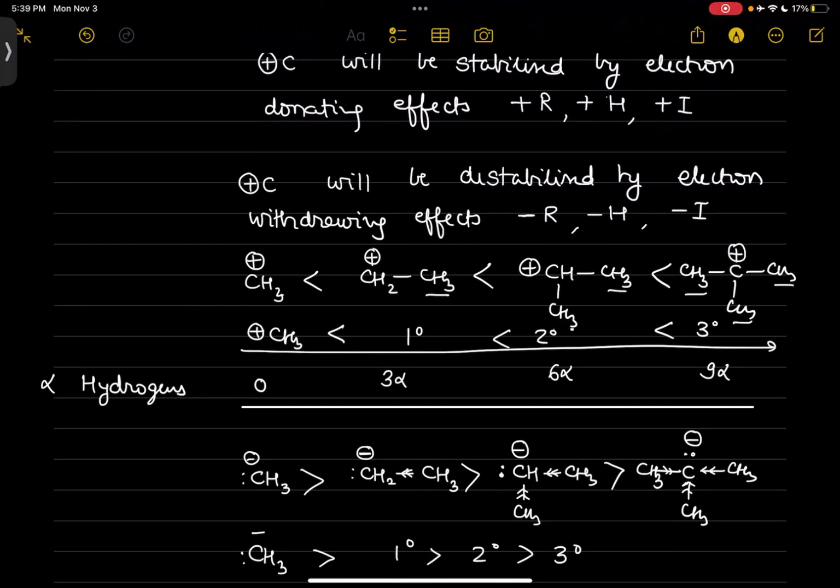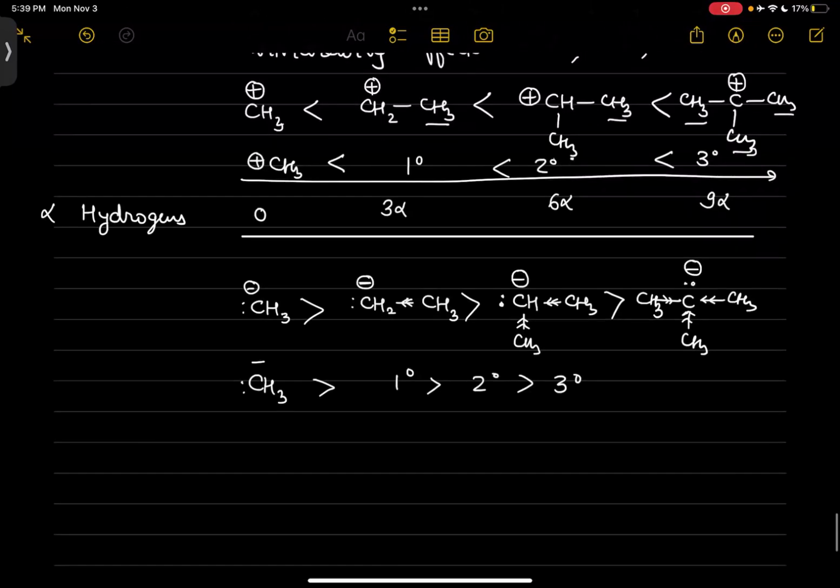More and more alpha hydrogens means more hyperconjugation. Each one of them can participate in hyperconjugation, so more stability. But these are the carbocations. Clear?